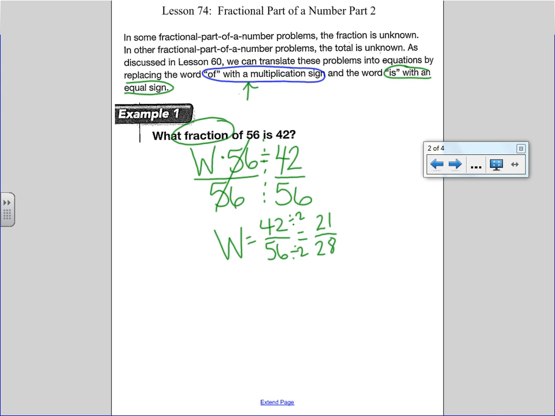Well, is there anything else that I can divide into both of these? They're not both even anymore, but I hope that you recognize that they are both divisible by 7. So I'm going to divide by 7 on top and bottom. 21 divided by 7 is 3, and 28 divided by 7 is 4. So the answer here is W equals 3/4. 42 would be 3/4 of 56. Okay?